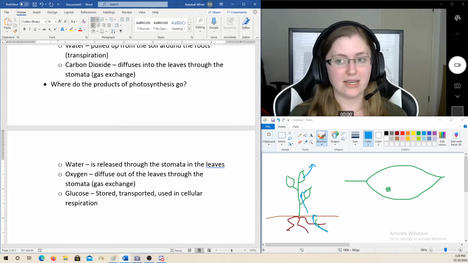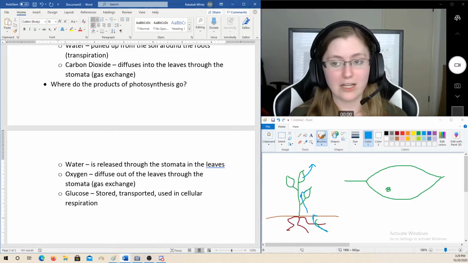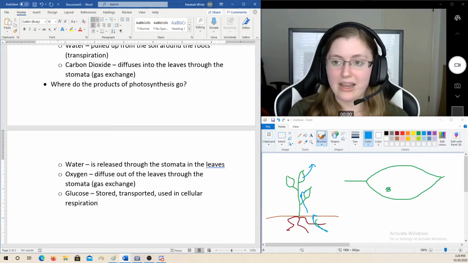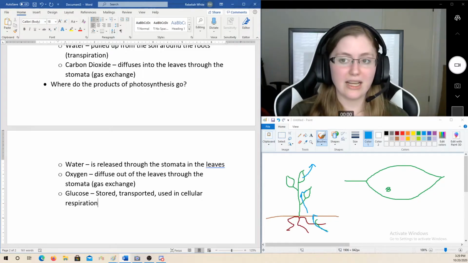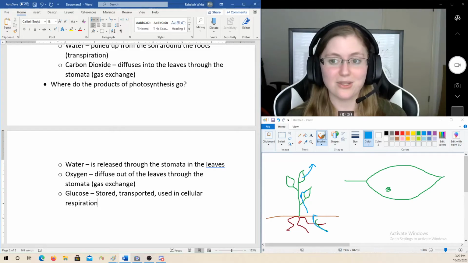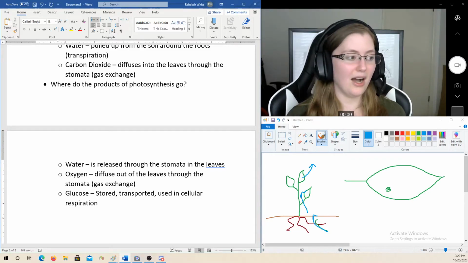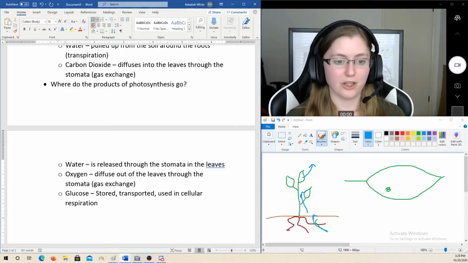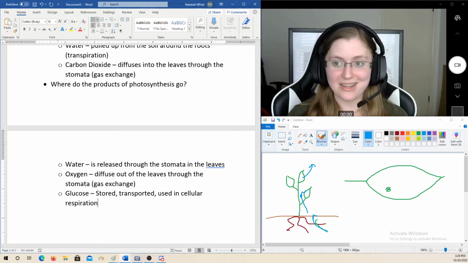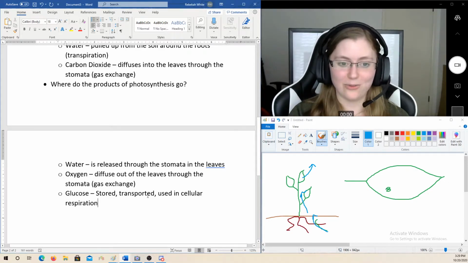So these two processes, photosynthesis and cellular respiration, go hand in hand in plants. So they are collecting that energy from the sunlight, converting it into glucose, and then oftentimes they are immediately using that glucose to fuel the citric acid cycle and produce ATP for cellular processes. So it's this constant feedback loop, and it's really intriguing.